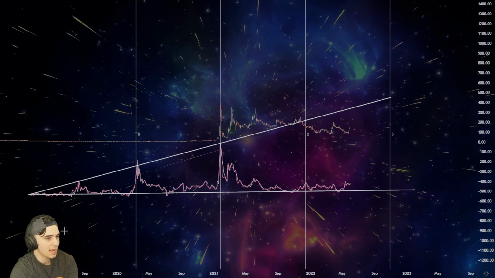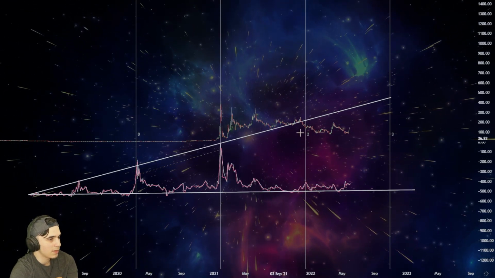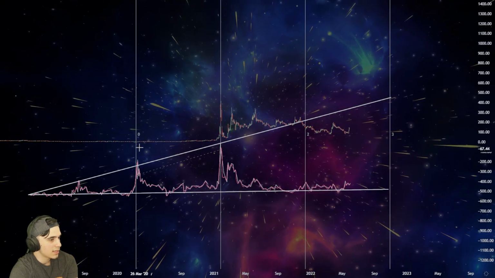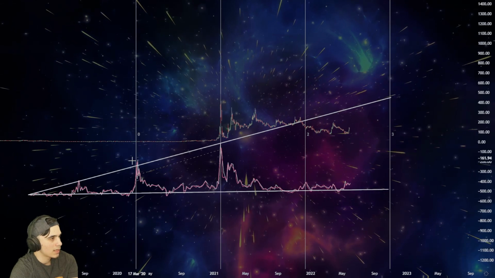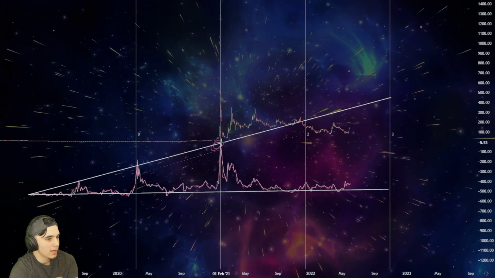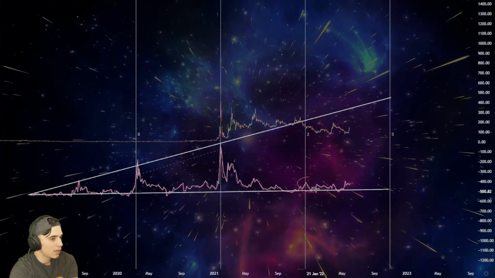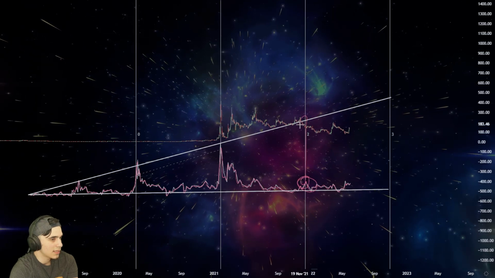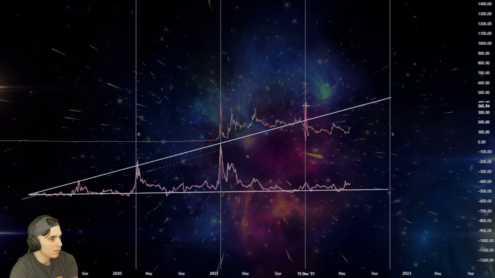All right, so this is a fib time zone chart here, and I'm placing this on top of the volatility. We actually started to see the cycle begin its form right on that COVID crash. So that's when we're going to start this fib time zone. So we got one here, we got one here, okay, and that third fib, and look at this, guys. There's an increase in volatility right here when we got shorted in November, okay? That's big as well. It's lining up with the fib levels.